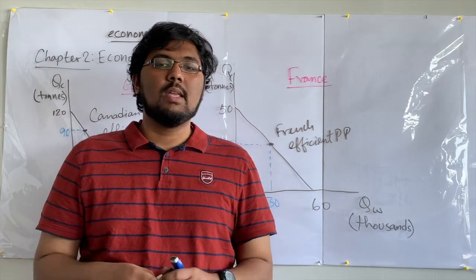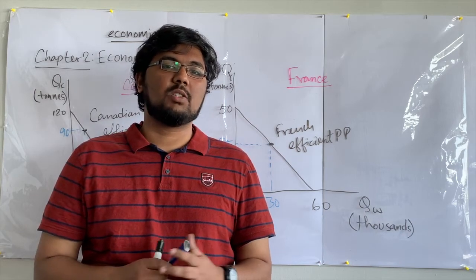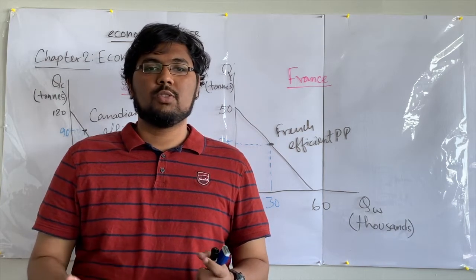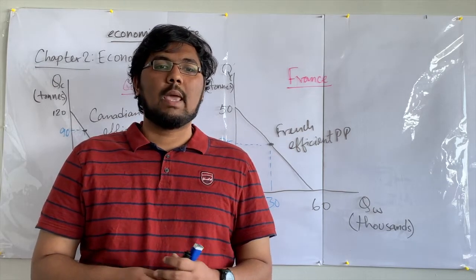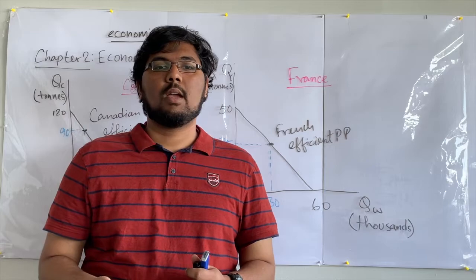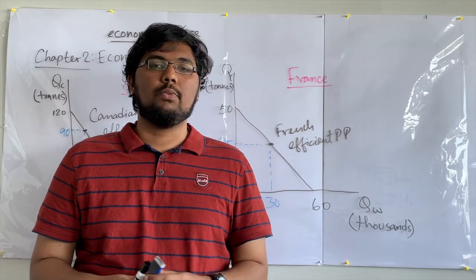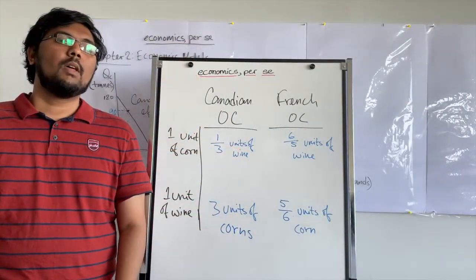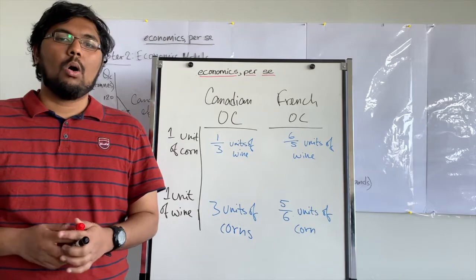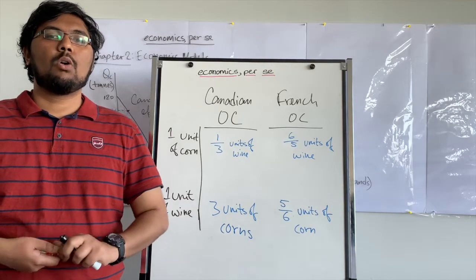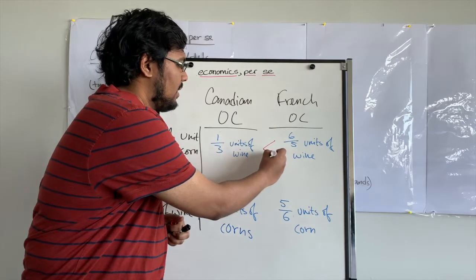No, it is not. Given that these two countries have different opportunity costs, as mentioned earlier, of producing each good, both Canada and France can come to an agreement that makes both of them better off. From this table, we can see that the opportunity cost of producing 1 more unit of corn is more for France than it is for Canada.